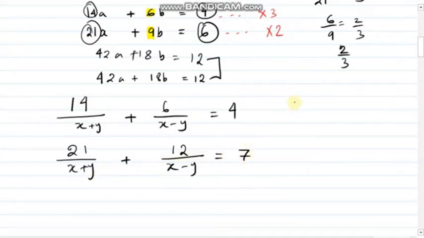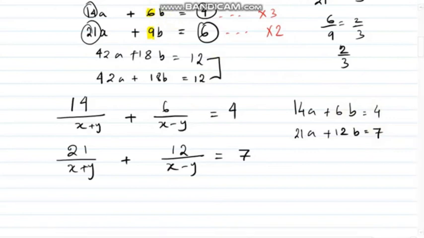So the first equation will be 14a plus 6b equals 4, and the second equation will be 21a plus 12b equals 7. Just check here also, if I multiply the first equation by 2, the equation will become 28a plus 12b equals 8.